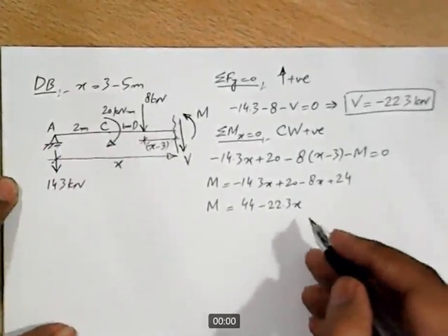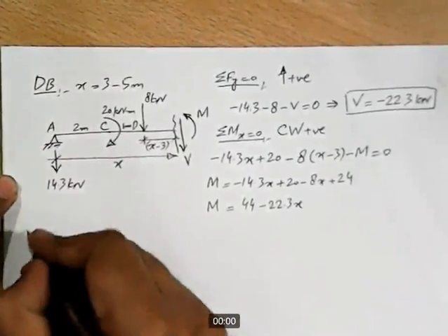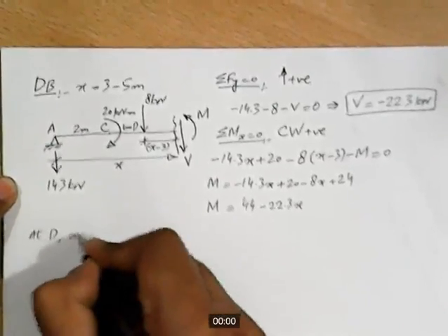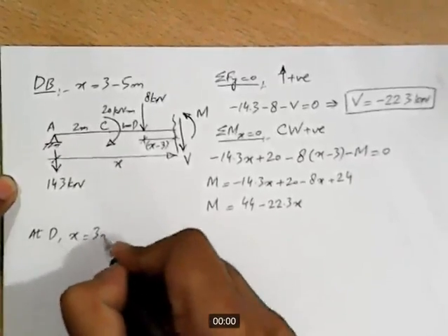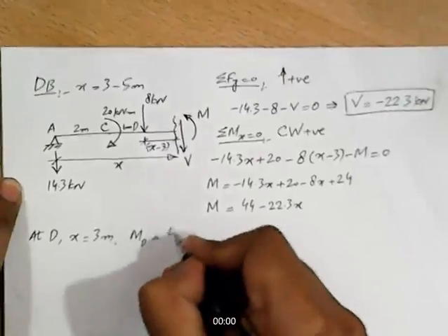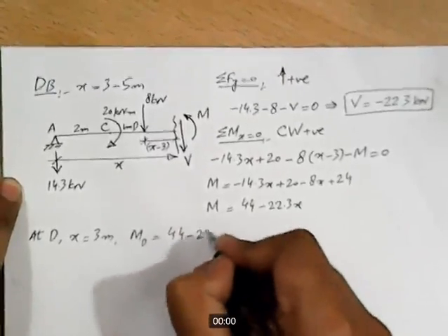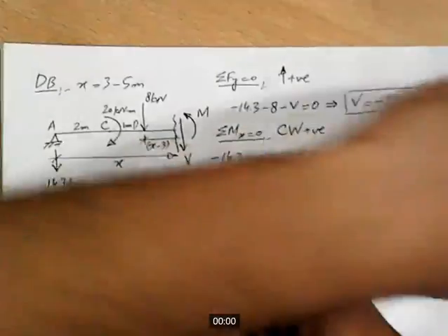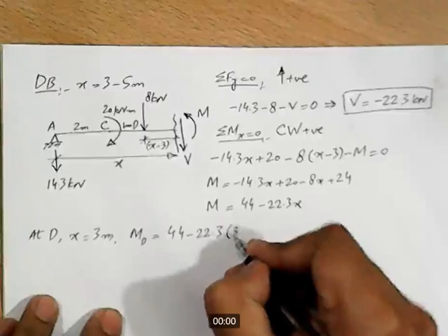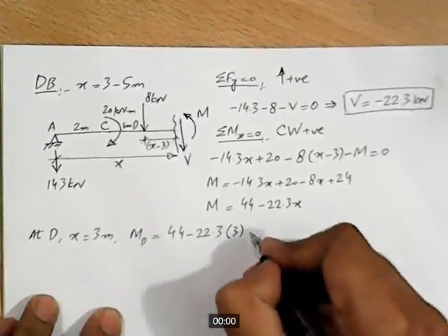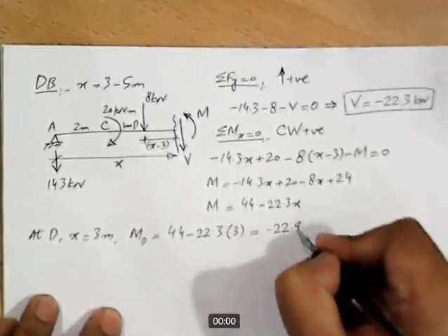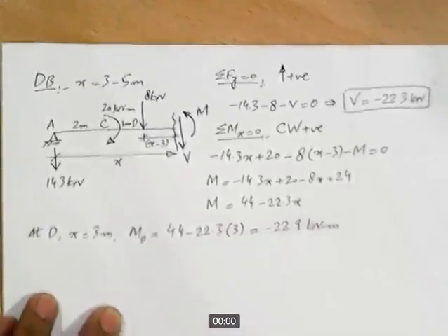Now let's plug in the value of x for point D and point B. At D, x is equal to 3 meters, so MD is equal to 44 minus 22.3 into 3, and this comes out to be minus 22.9 kilonewton meter.